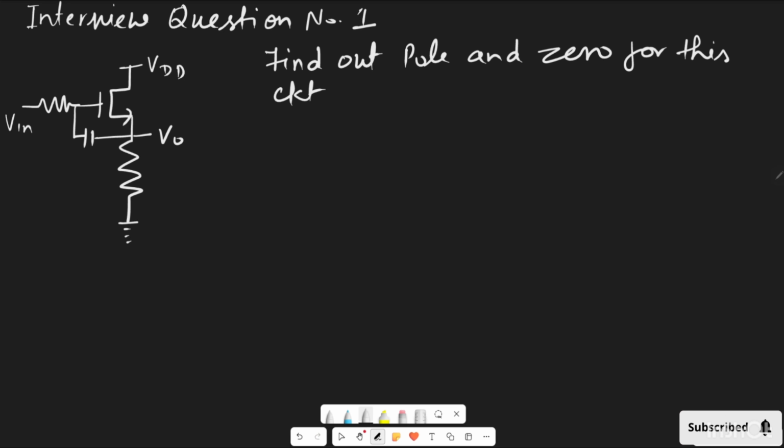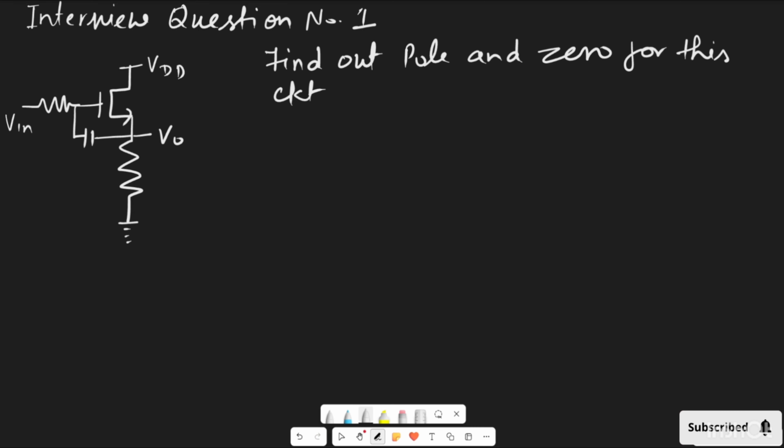So this is the circuit given, where we have one MOSFET, one cap, and two resistors connected like this. You can face a question related to this, where you have to find out the pole and zero, and then the Bode plot of the gain plot or the phase plot.